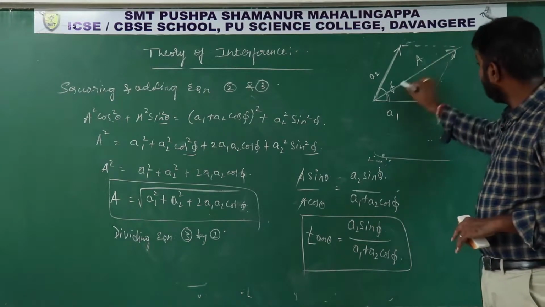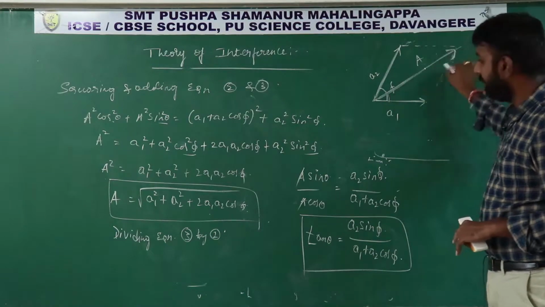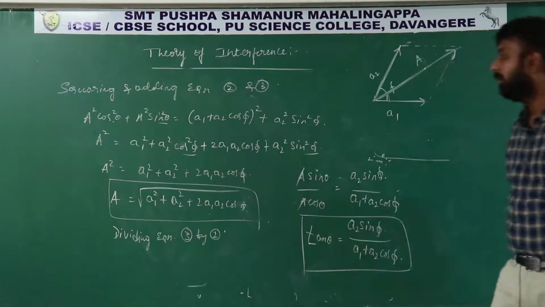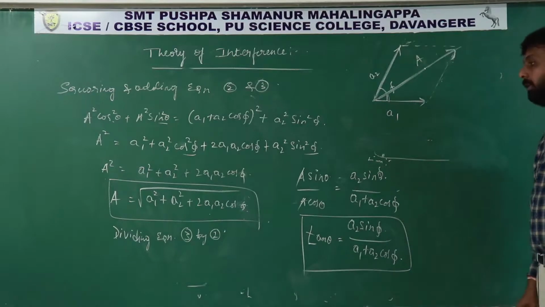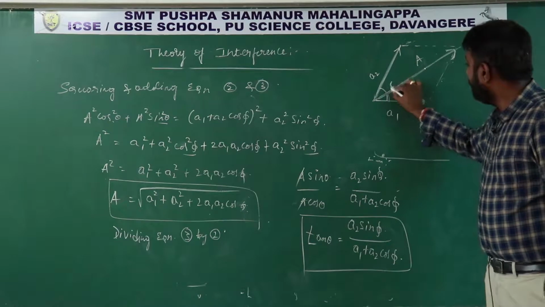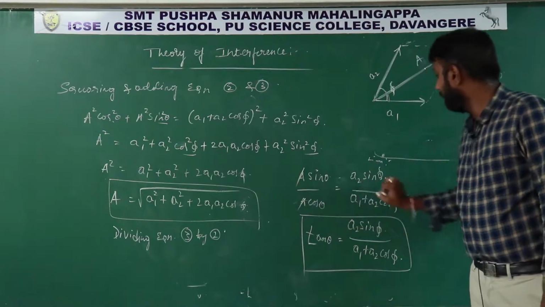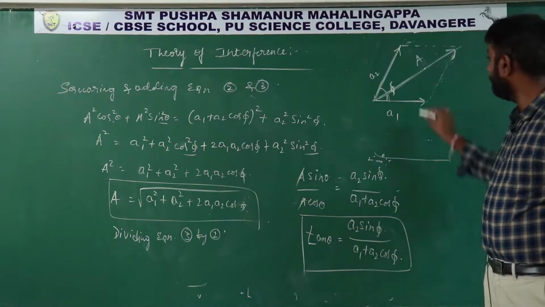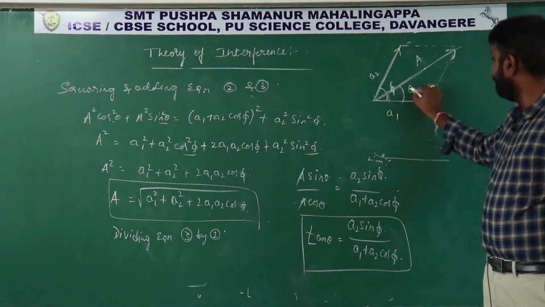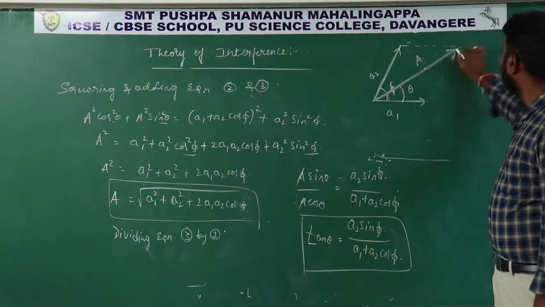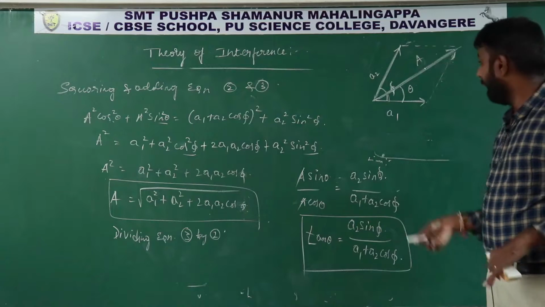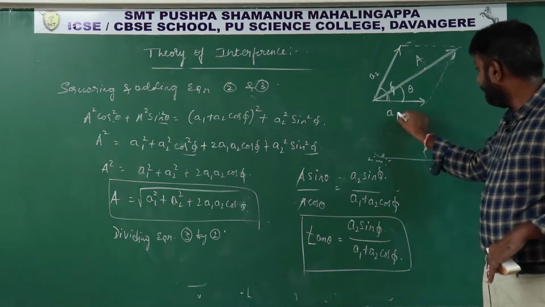To find the amplitude of the resultant vector, you have to use this formula, root of A1² plus A2² plus 2A1A2 cos φ. And what is this θ here? The final expression you got for θ is the angle the resultant wave makes with the A1 vector.